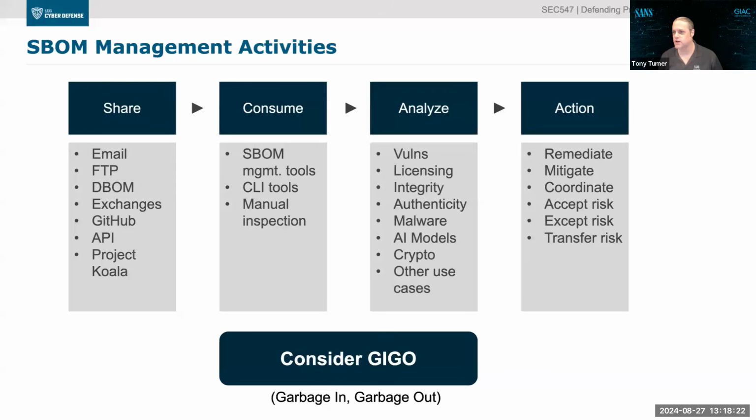And there's a new project called Project Koala, also known as the Transparency API, which is a CycloneDX project, which is trying to standardize the mechanism of distribution of this information, not only SBOMs, but software assurance, software attestations, and a lot of this other information, so that we have a common framework, a common way to exchange this data.